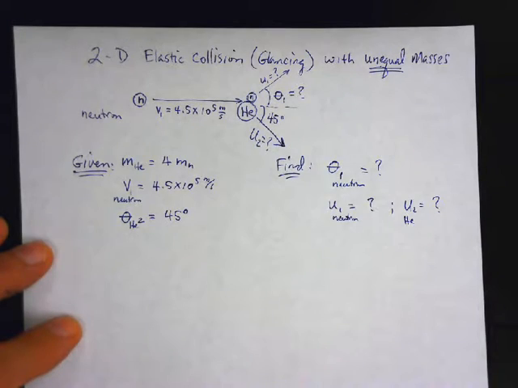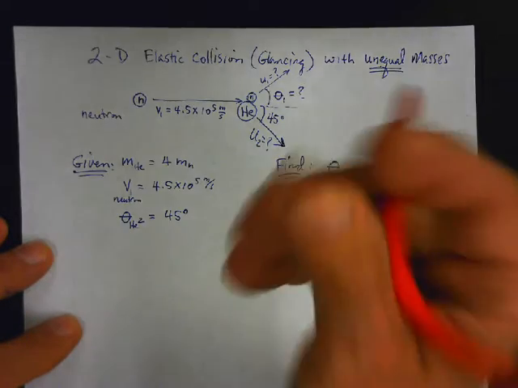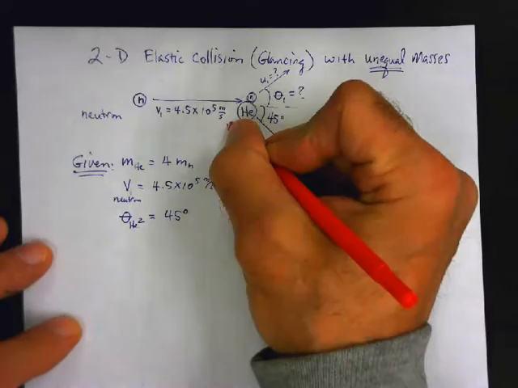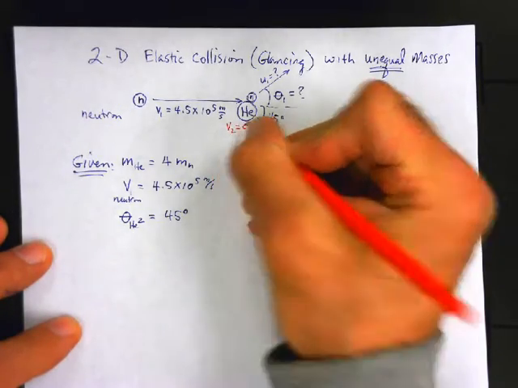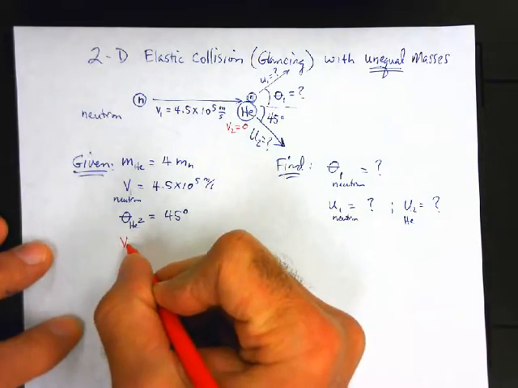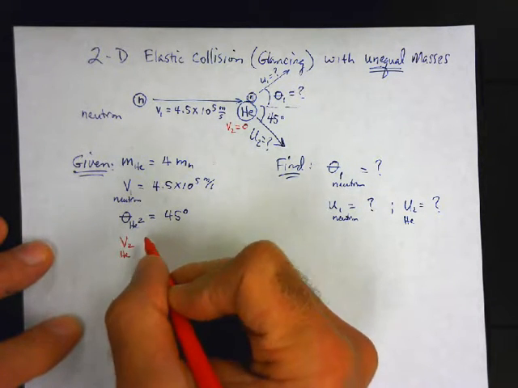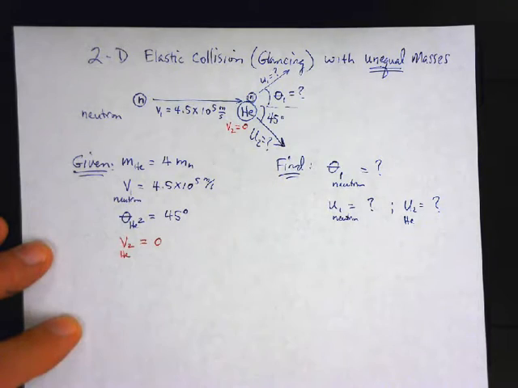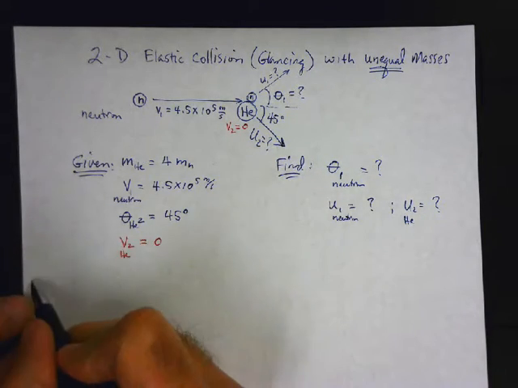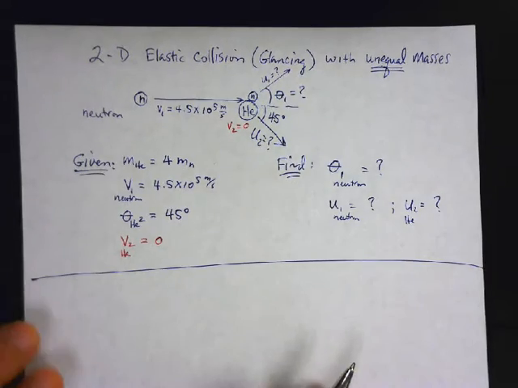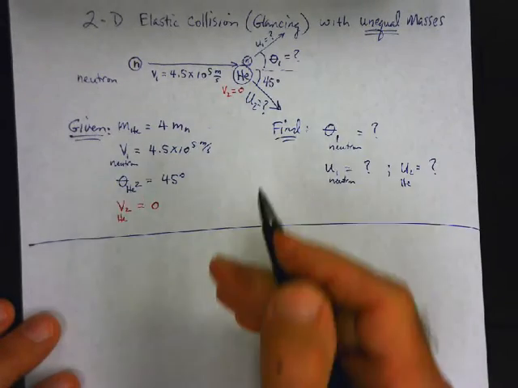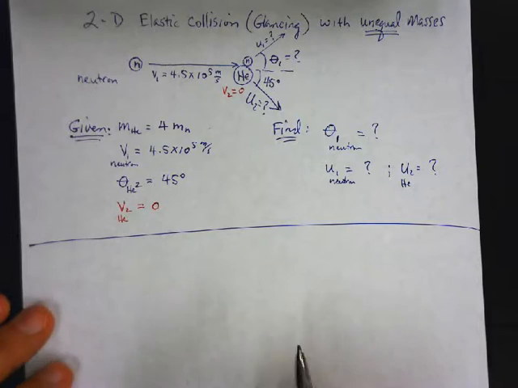The velocity of the helium nucleus before the collision, we'll call that v2. That's equal to 0. Okay, so v2, the velocity of the helium before collision, is equal to 0. We need to have that. Okay. So I'll just put a line there, and we can keep referring back to this diagram.